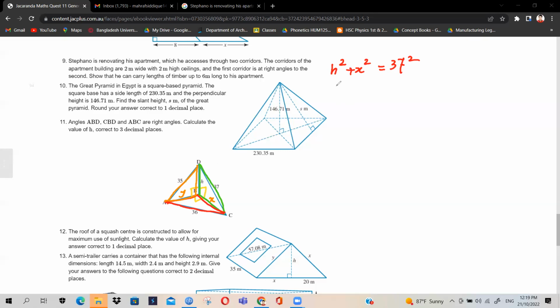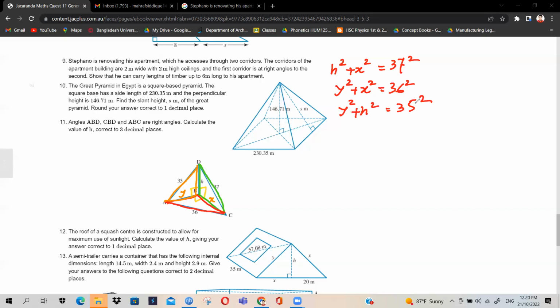Again, y squared plus x squared equals 36 squared. Is that correct? Yes. And again, y squared plus h squared equals 35 squared. So these would be the three equations. If they had said to calculate all those sides, you would be okay to do that as well.